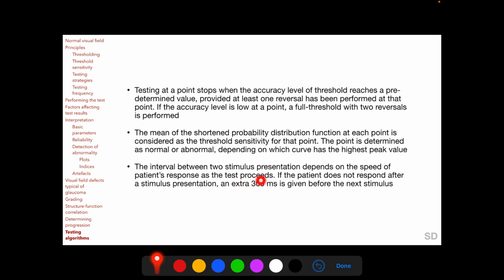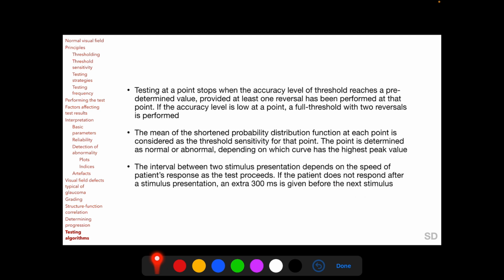And as the test proceeds, the interval between two successive stimulus presentations depends on the speed of the patient's response. And if the patient does not respond after a stimulus presentation, an extra 300 milliseconds is given before the next stimulus is presented.